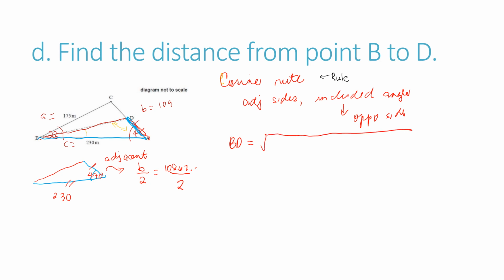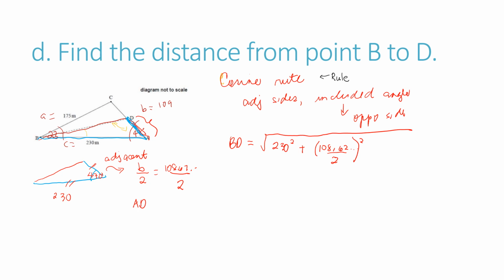We will have the adjacent sides, which are 230 squared plus our AD here, half of your 108.62. So divided by 2, it's half.